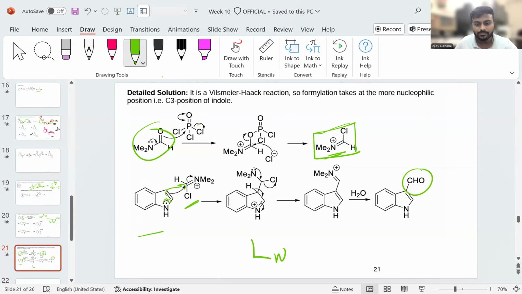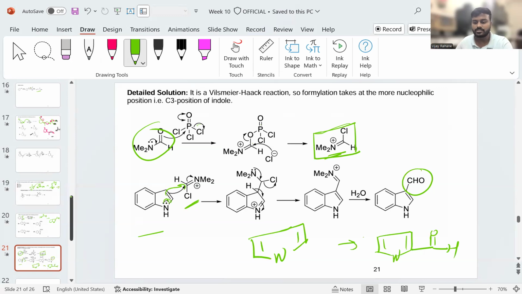But if you look at some simple starting material, in that case the formylation reaction takes place at this position. So that's the difference you need to identify.